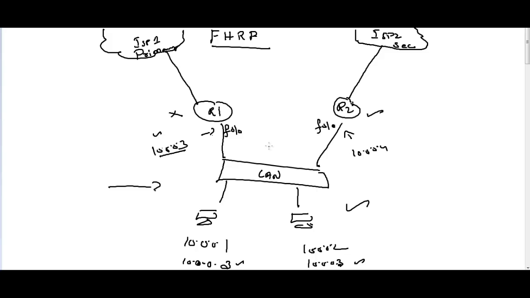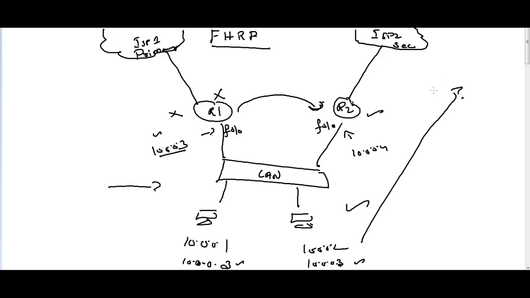But the problem is, when router 1 fails, I want to switch over all my data plane traffic, all my traffic that goes from my LAN towards the WAN, from router 1 to router 2, so that I can reach the WAN, I can reach the internet.